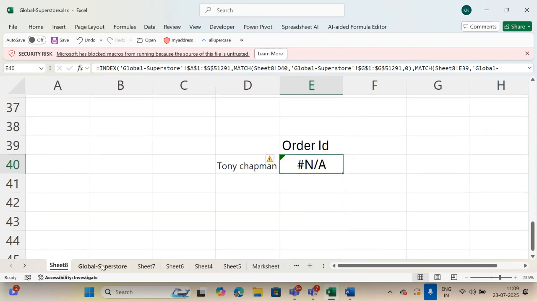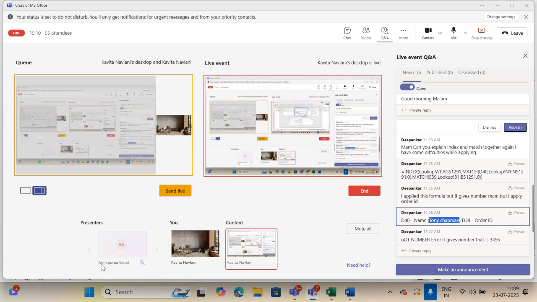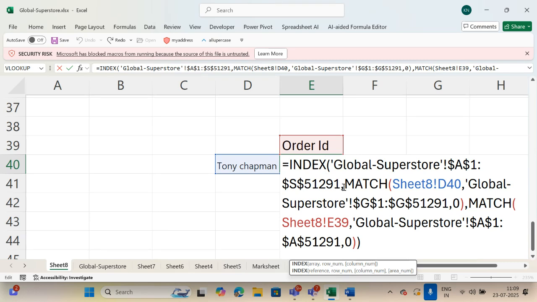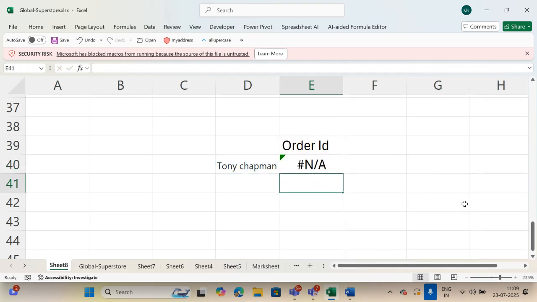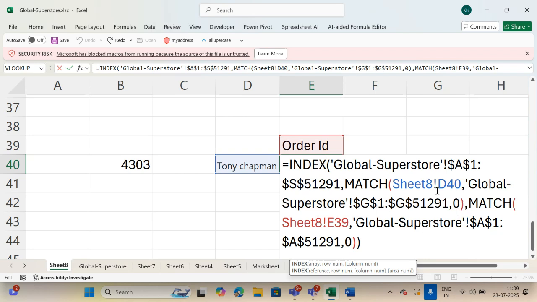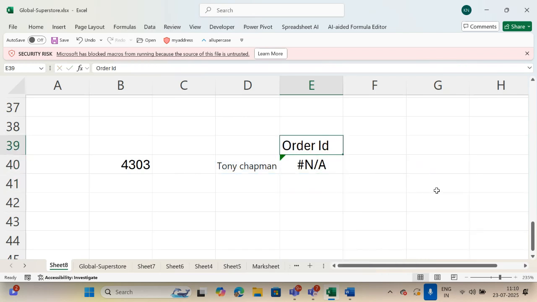Chapman. Spelling, yes, it is correct. Tony Chapman is giving me not available. So what should I do? I should use it separately, so that I come to know it is row number 4303. Then the column number, maybe the order ID spelling.